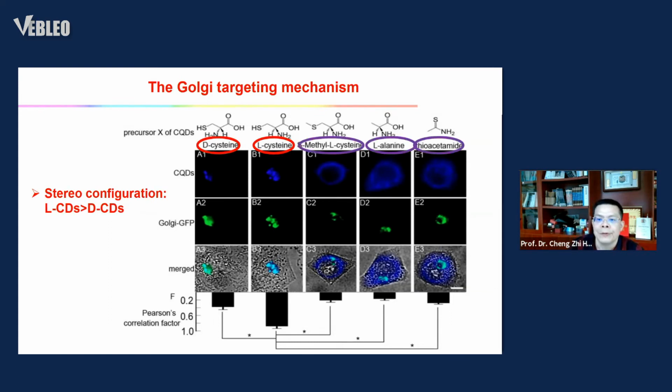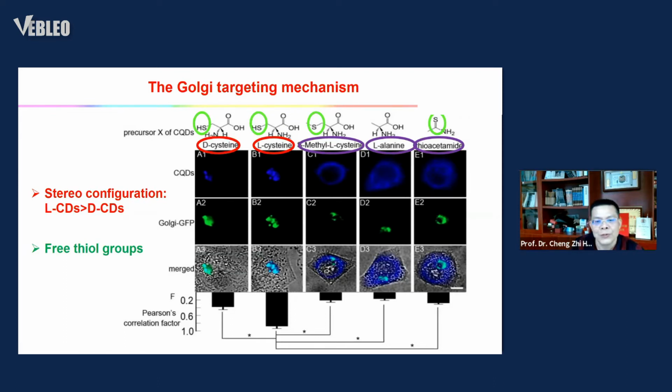And second, the existence of free thiol groups is essential for Golgi targeting. Carbon dots prepared from precursors without free thiol groups are found to have very low Golgi targeting ability.